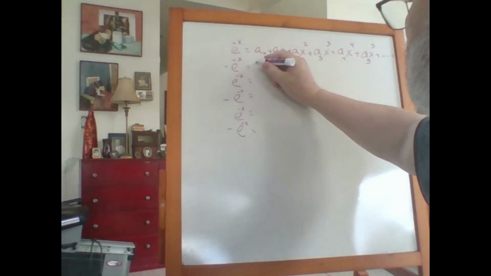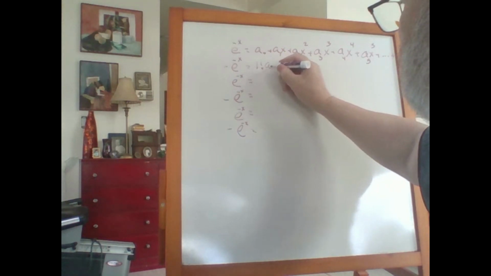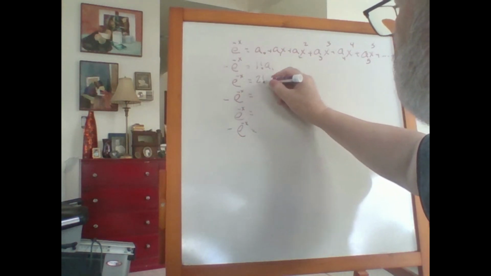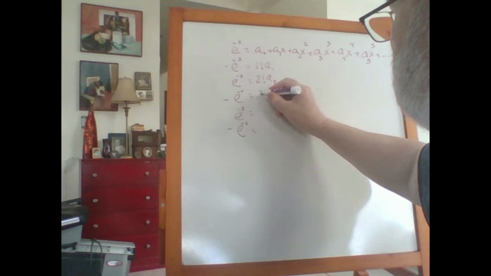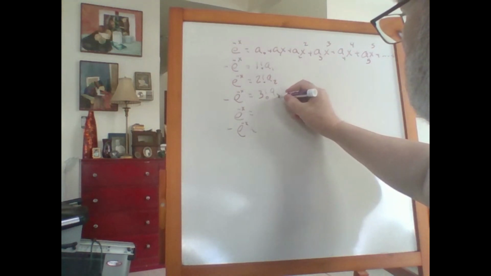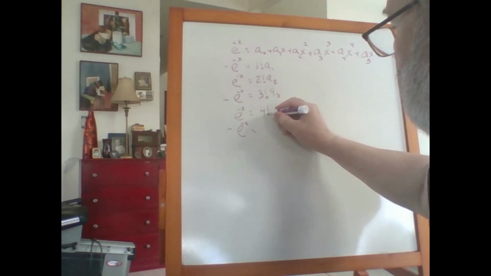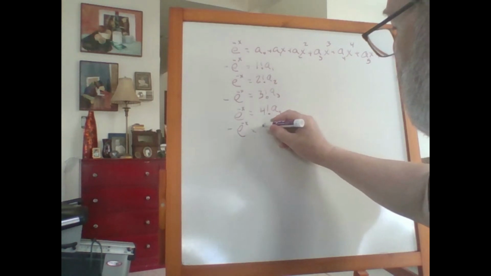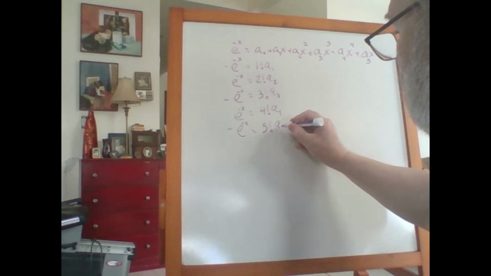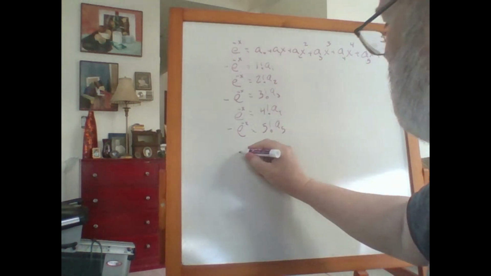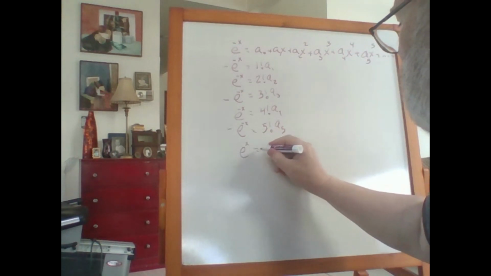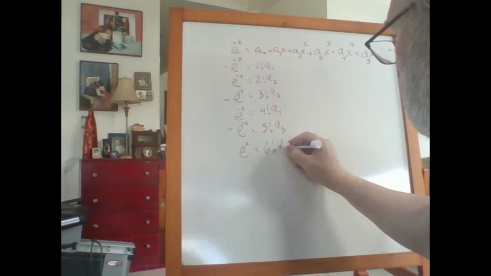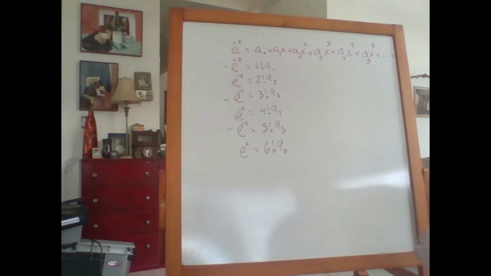this is going to be 1 factorial a1, this is 2 factorial a2, 3 factorial a3, 4 factorial a4, 5 factorial a5, and 6 factorial a6, and so on.